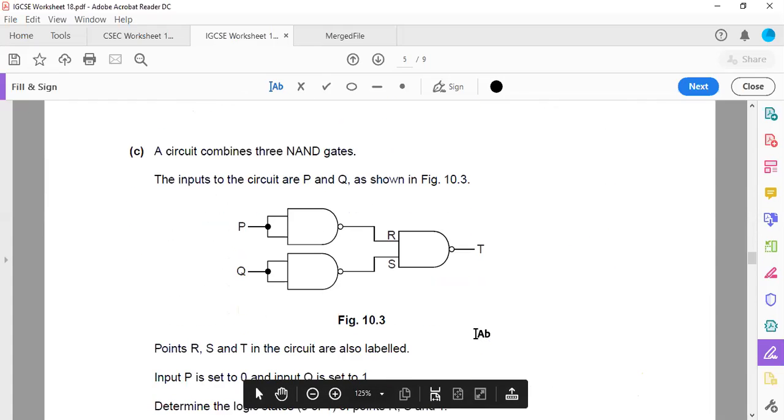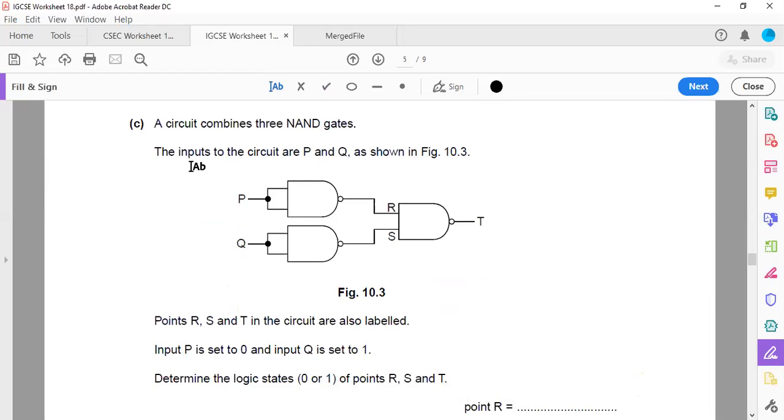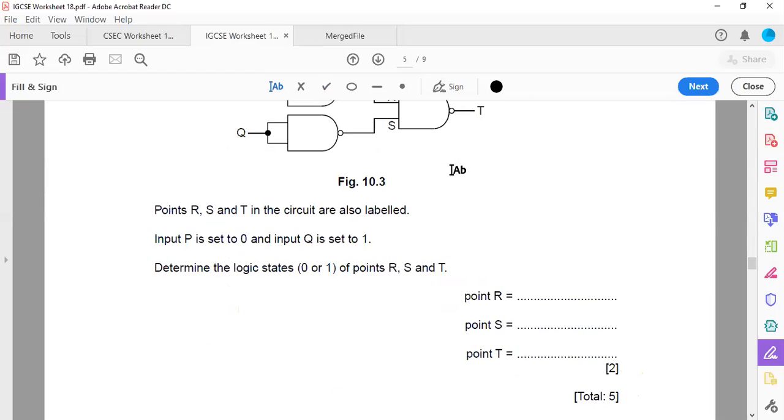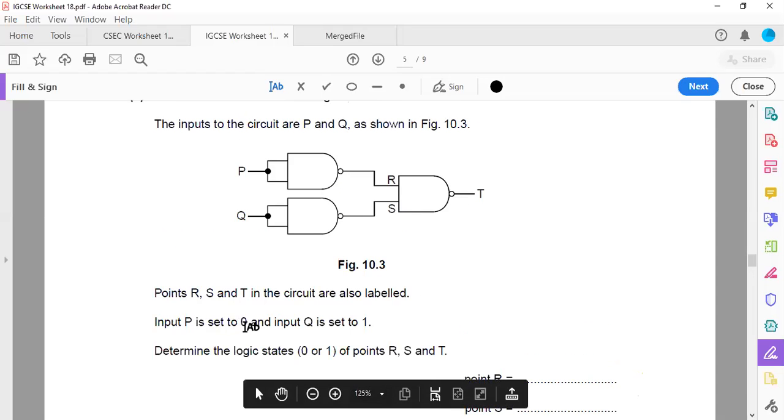Now a circuit combines 3 NAND gates. More complex now, so 3 NAND gates together. The inputs of the circuit, P and Q, are shown in figure 10.3. Points R, S, and T in the circuit are labeled here. Input P is set to 0 and Q is set to 1.